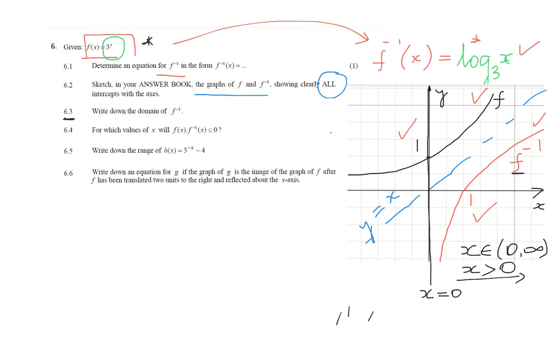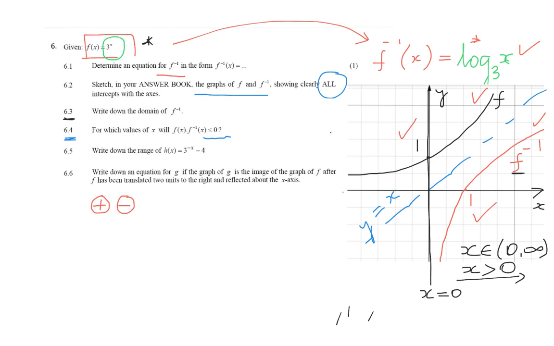Question 6.4, for which values of x will the multiplication of the two functions be negative? What does it mean on the graph? Multiplication of two functions negative means one function must be positive and one function must be negative, or we say one function must be above the x-axis while the other one is below at the same time.